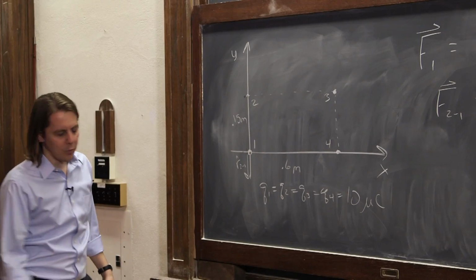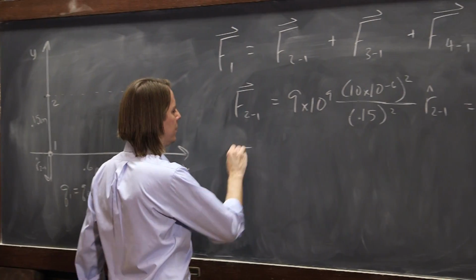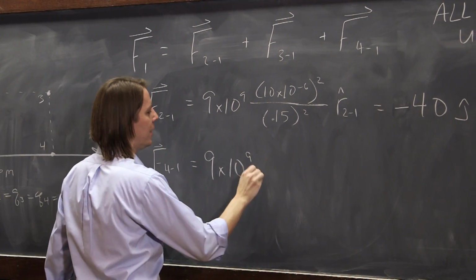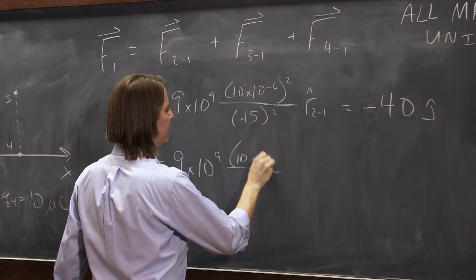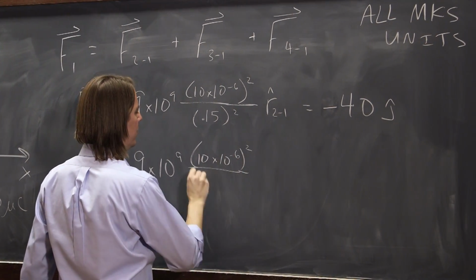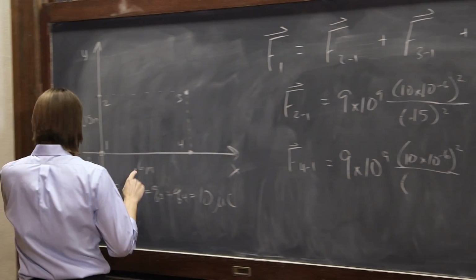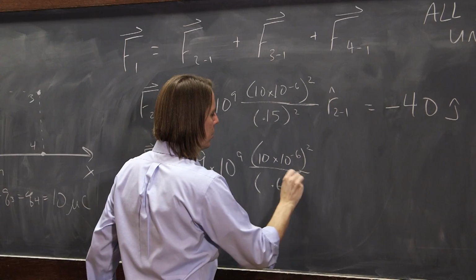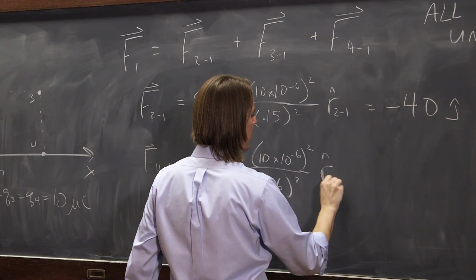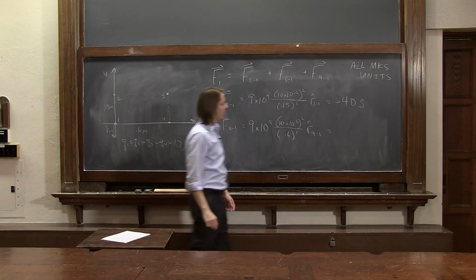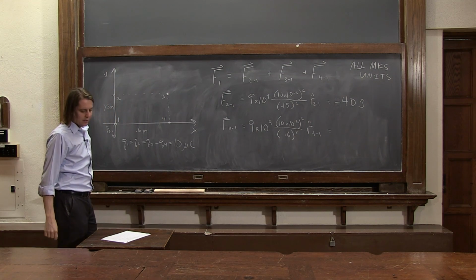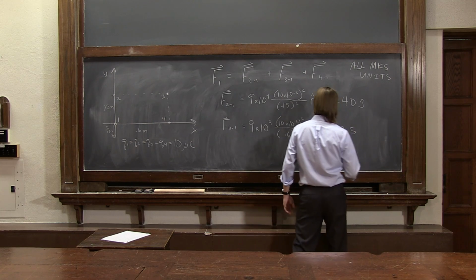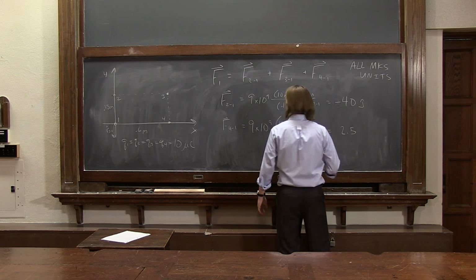So it's a little bit of inspection, just looking at it and thinking about which way everything points. Very similar is F41, which equals 9 times 10 to the 9 times 10 times 10 to the minus 6, that's 10 microcoulombs, squared, over the separation, which for this one is 0.6 meters squared, and it's r hat 4, 1. If you work all that out, you get 2.5 as the magnitude, 2.5 newtons, I'm just not writing it that way.